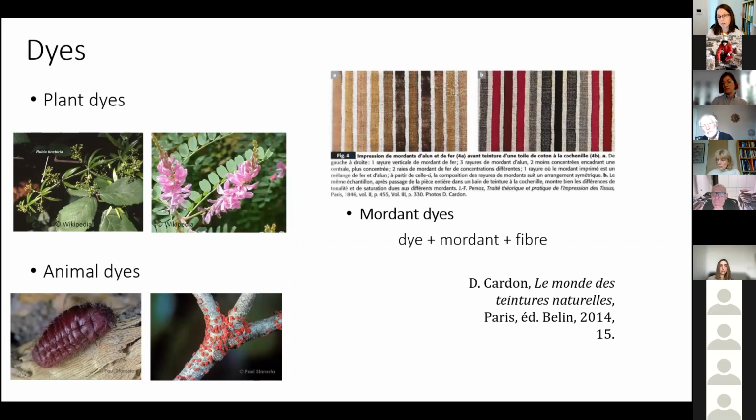And also what is important to remember with that image is that what we see with our eyes as red or gray or black doesn't mean that it was dyed with a black dye source. The dye here was cochineal, which usually gives a red color. But what our eye sees is not necessarily informative of the real components of the dye, so that's important.